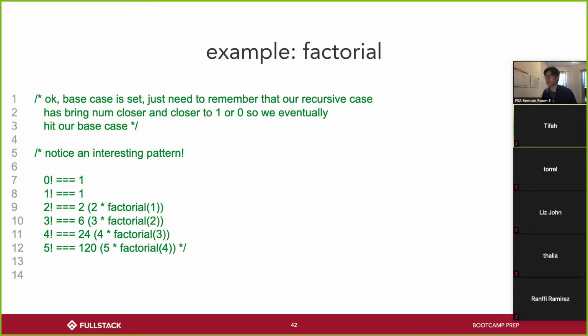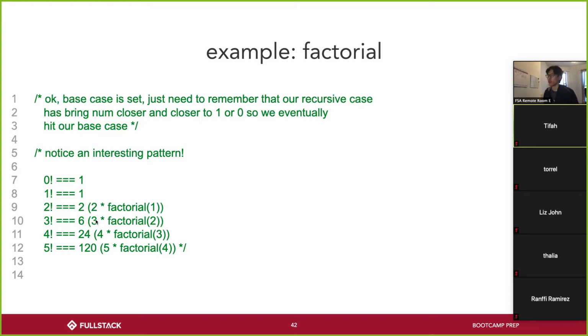So it's a pattern that we could utilize for our recursive approach, where 2 times factorial of 1, so 2 times 2 minus 1 equals, or 2, yeah, because factorial 1 equals 1.